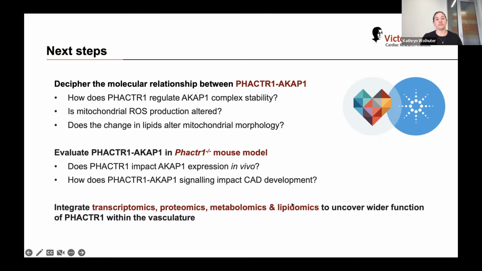And finally, the wider part of my project is that I'm currently generating transcriptomics, proteomics, metabolomics, and lipidomics datasets. As well as the ACAP project, we're constantly integrating different parts of these omics to try and understand the wider role of factor 1 within the vasculature, and how this is contributing to disease progression.